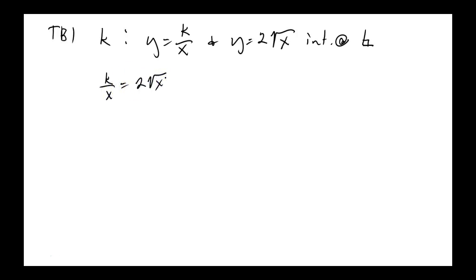Yeah. All right. So then k is equal to 2x root x, which we could write as 2 times x to the 3/2 power. Is that what you're getting at?